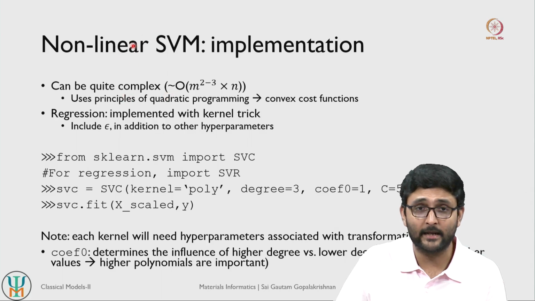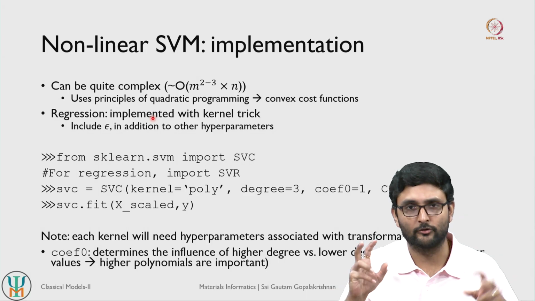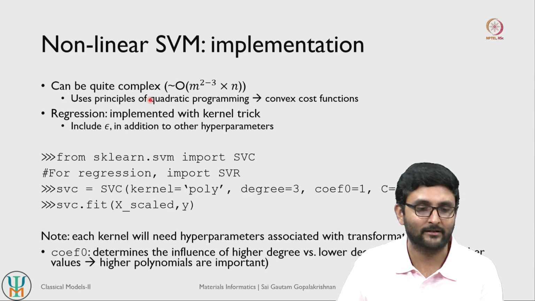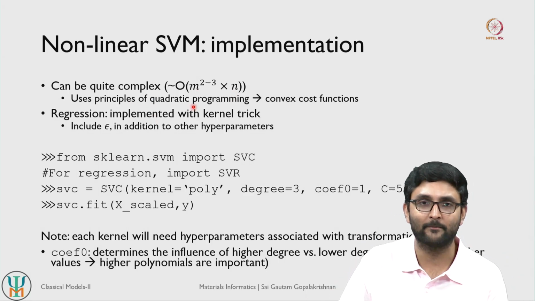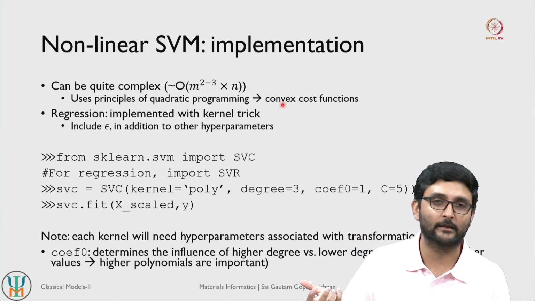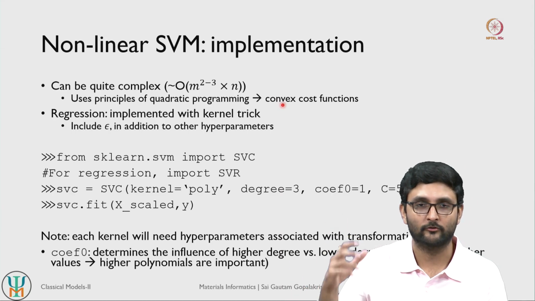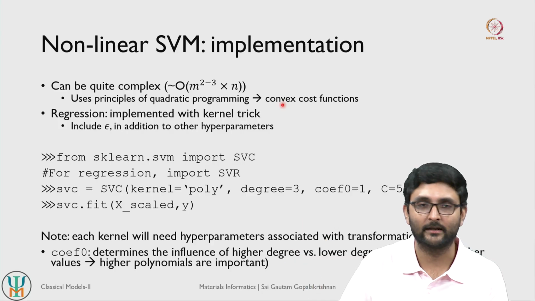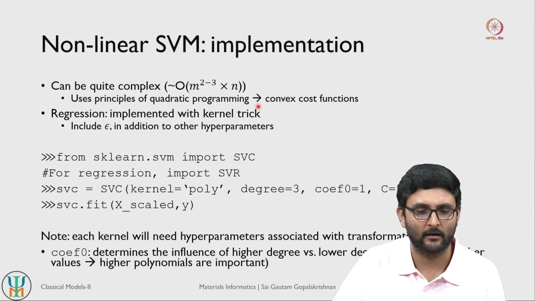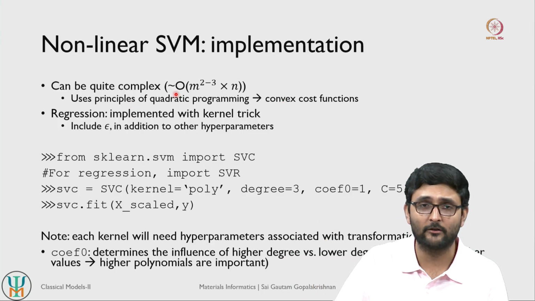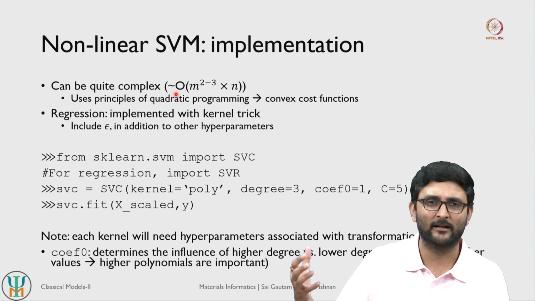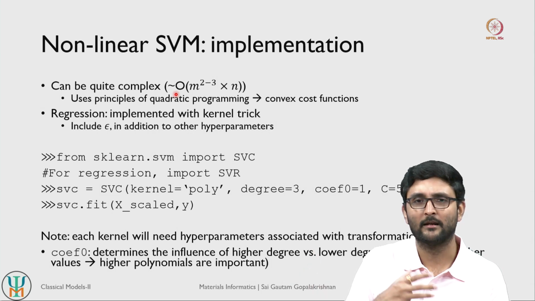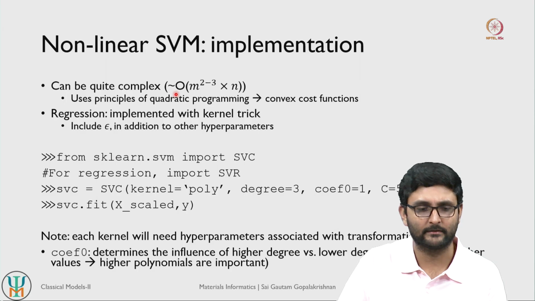The non-linear support vector machine models, or the so called regular support vector machine models, use principles of quadratic programming, whereby they incorporate convex cost functions so that you can use algorithms like gradient descent or the equivalents of them. But they definitely use principles of quadratic programming, which is a little bit more complicated than the simpler fits that we have seen so far.